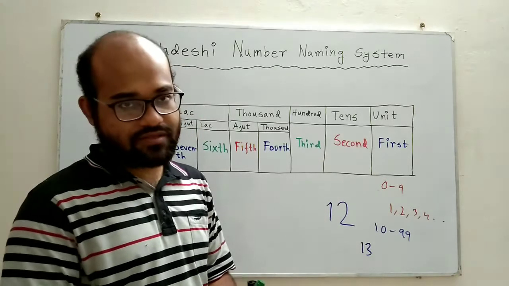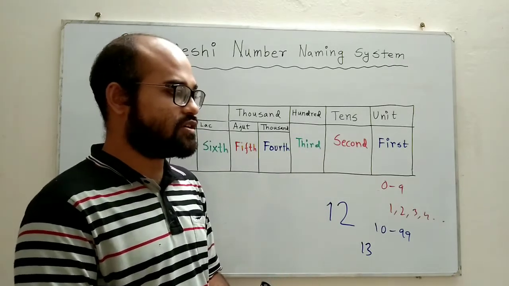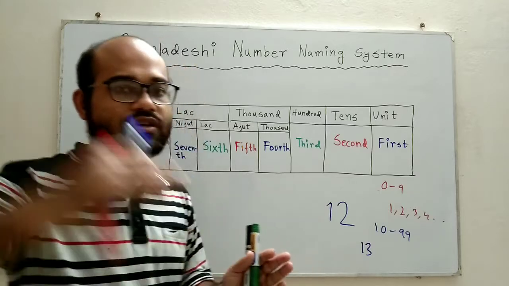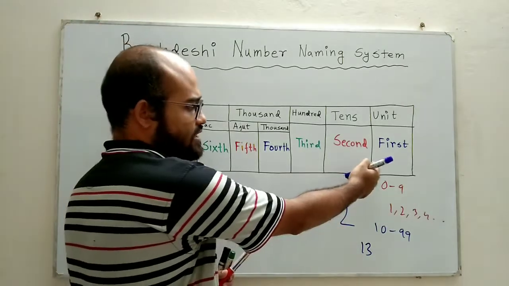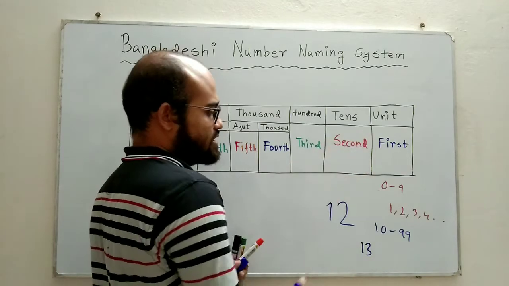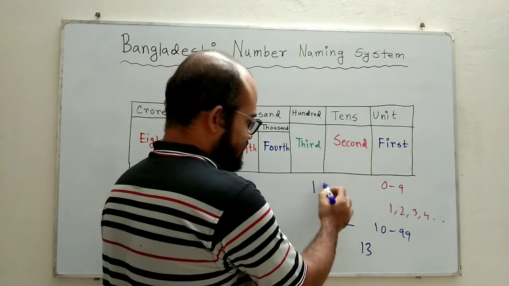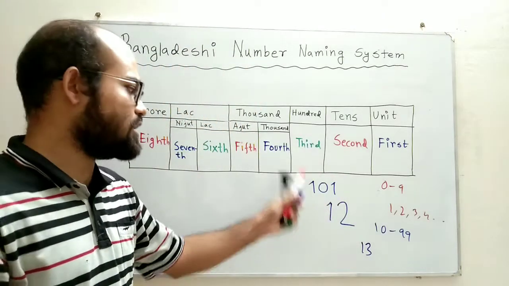We have the hundreds place. And in this hundreds place, I can express numbers ranging from 100 to 999. And same as in the tens place, the numbers having 3 digits are given a special name. For example, 101. I don't call this number by its digits.